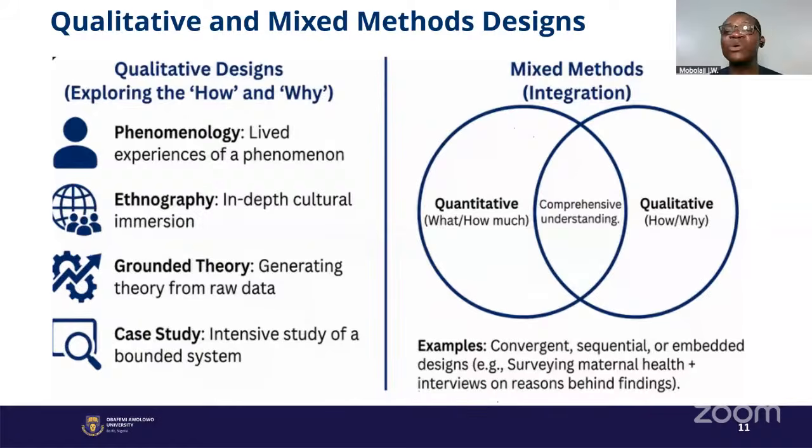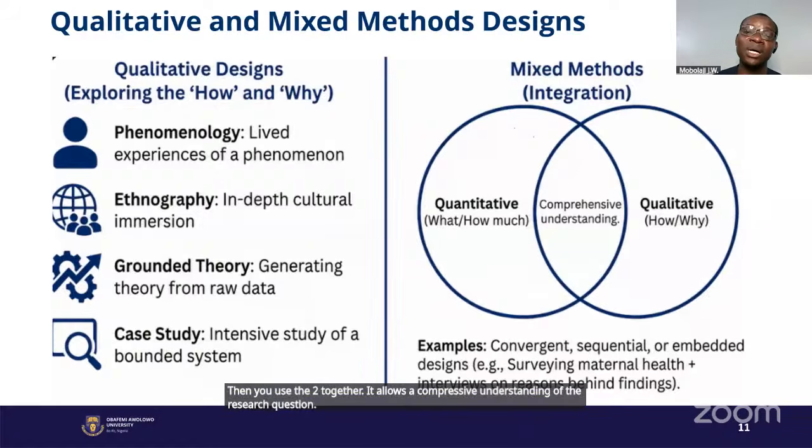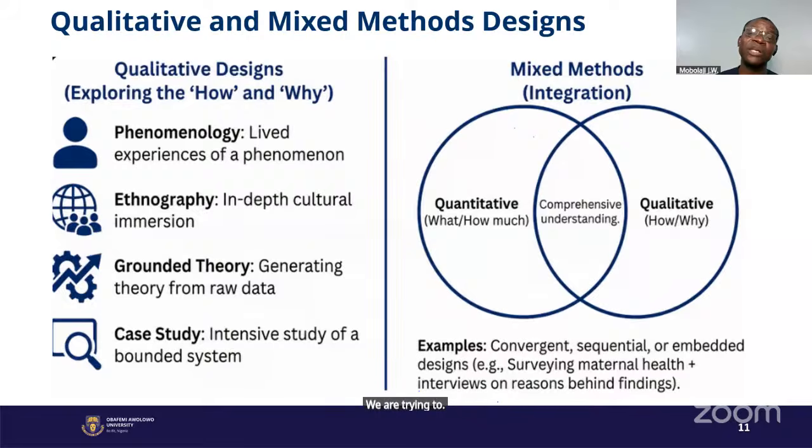When you use the two together, it allows a comprehensive understanding of the research question that we are trying to study. And when you are using this approach, since we are combining two methods, you could use a convergent approach, you could use sequential, either sequential exploratory or explanatory, or you use an embedded design, or you use a concurrent design.